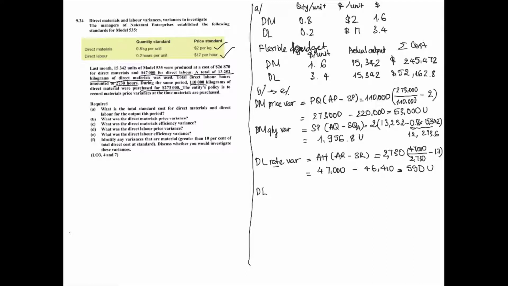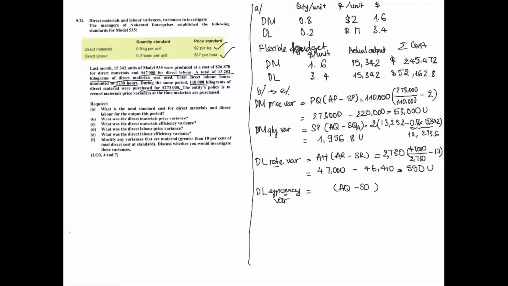The direct labor efficiency variance equal. Also, inside the brackets, always something relating to the quantity. That is actual quantity minus the standard quantity.